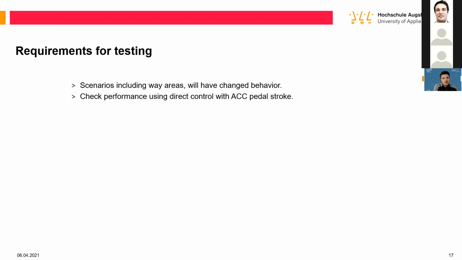Then, now we do the requirements for testing. Basically, a huge amount of changes were introduced here, so therefore there's a lot to test. Basically, what we said, scenarios where we want to use way areas, because previously we were not really using way areas so far.